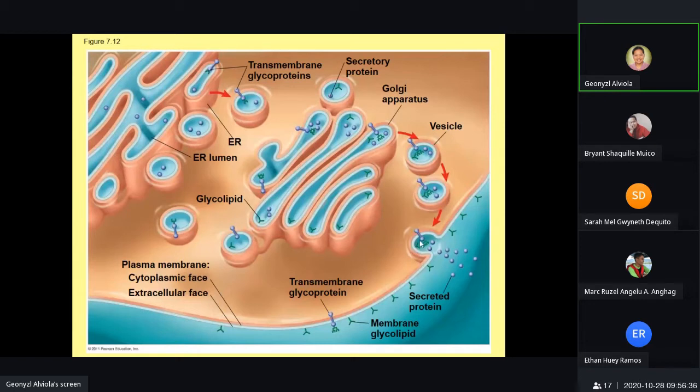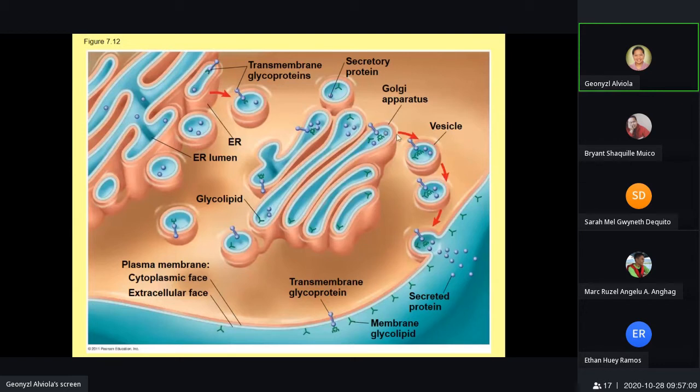So, kaning glycolipid coming from Golgi apparatus, ipasakay niya kay protein. So, kaning glycolipid, ipasakay ni Golgi apparatus, katong protein, naghihimo ni nucleus, then, i-repack. Okay, so nahimo na siyang secretory proteins.